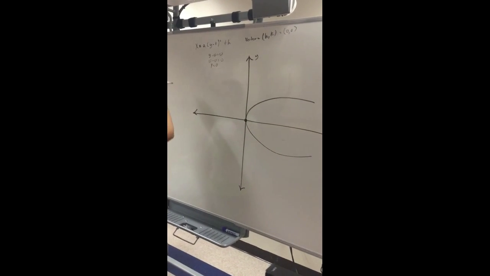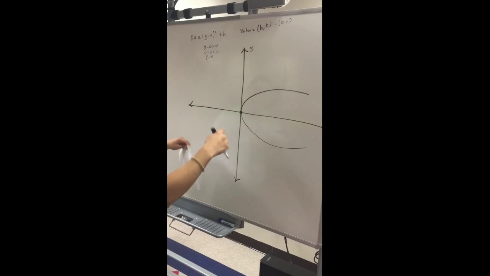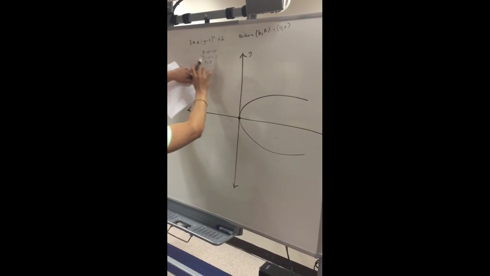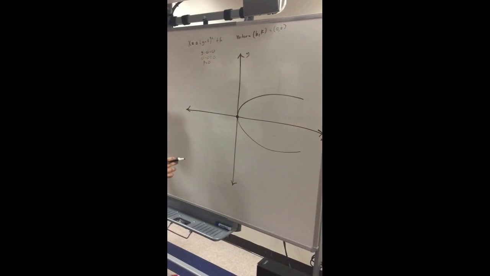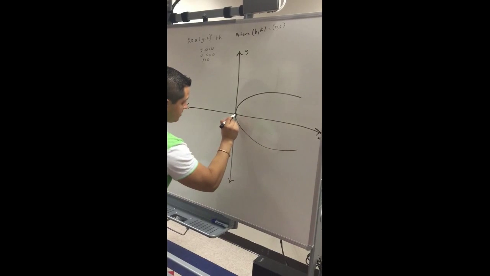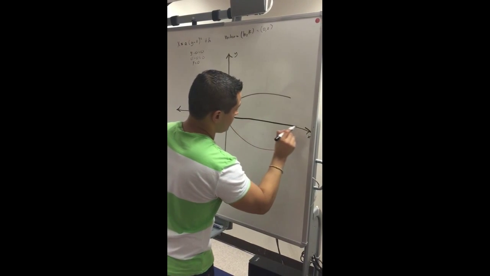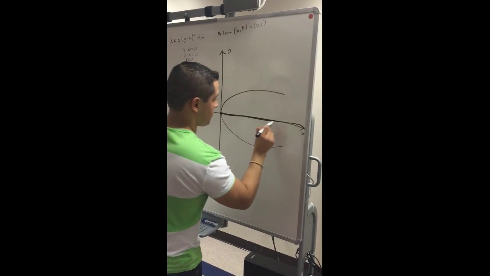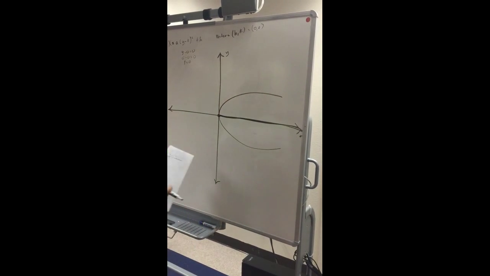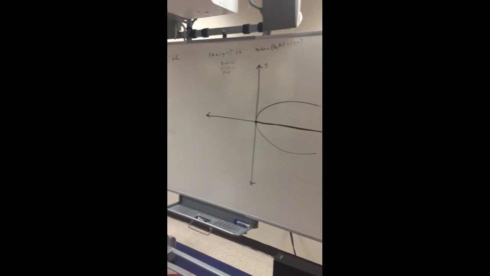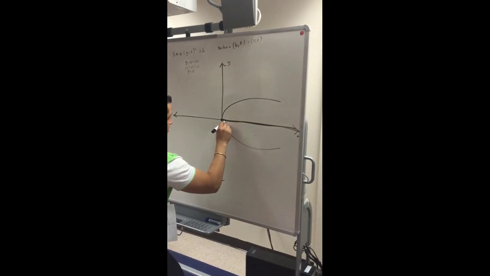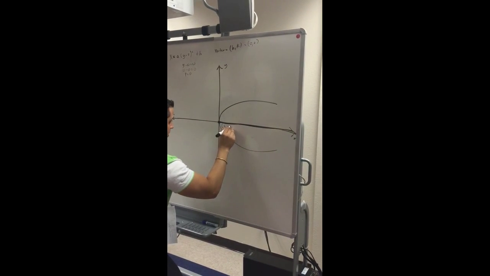This time it's y equals 0 instead of x equals 0, because y is the one being squared. So this time, this is h and this is k.